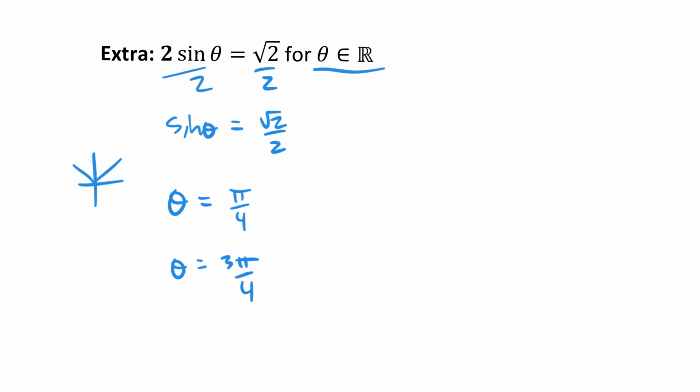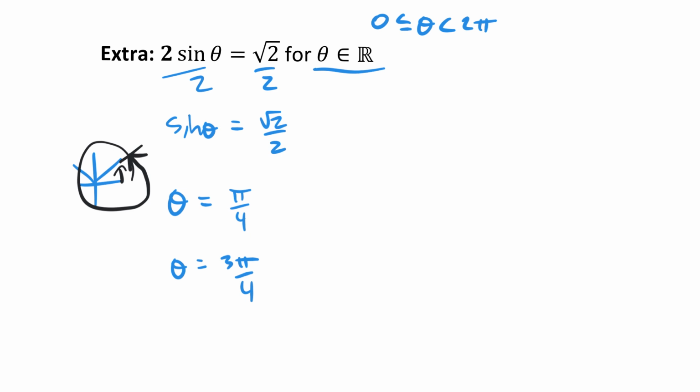But because it says theta is an element of the real numbers, it technically means that we're not looking just on the interval 0 to 2 pi. We're looking for all the values. And if we remember on the unit circle, we'd have this as one solution, but we could also imagine going all the way around and getting back here.